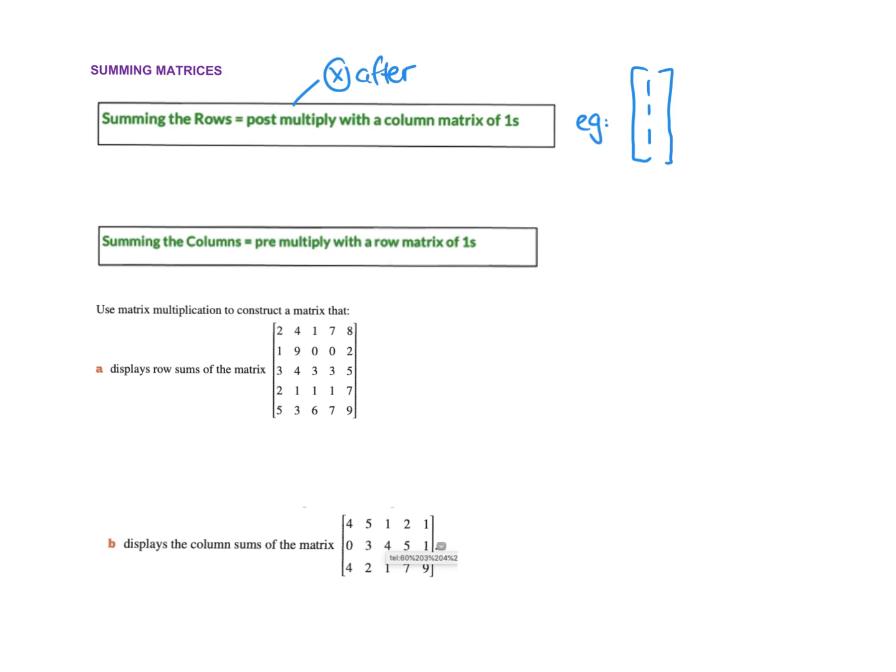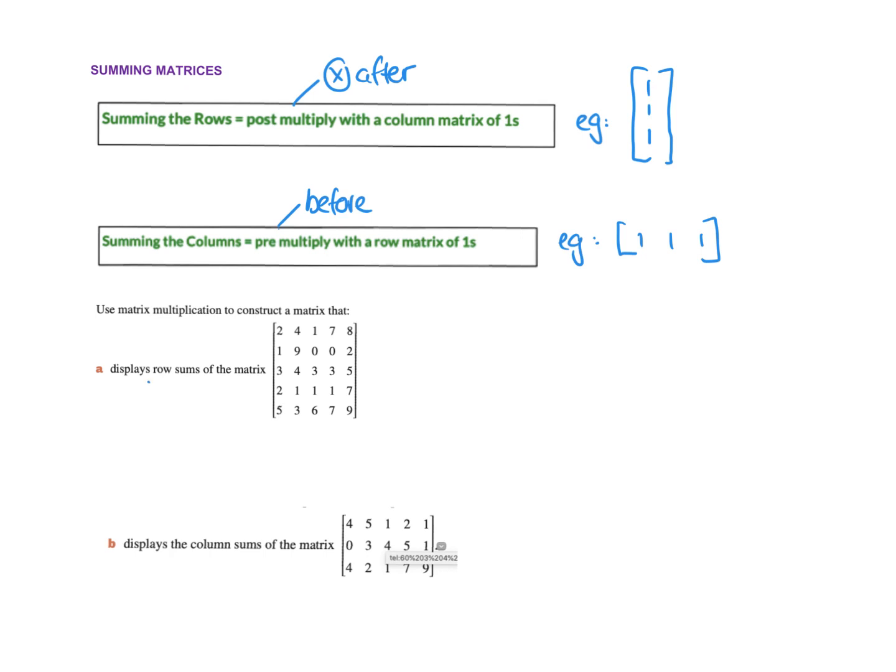And if you pre-multiply, so multiply before, with a row matrix full of 1s, which would look like this, you will add up the columns. It just depends what they want you to do. So if you look here, it says to display the row sums of the matrix. So they want you to add up these rows.